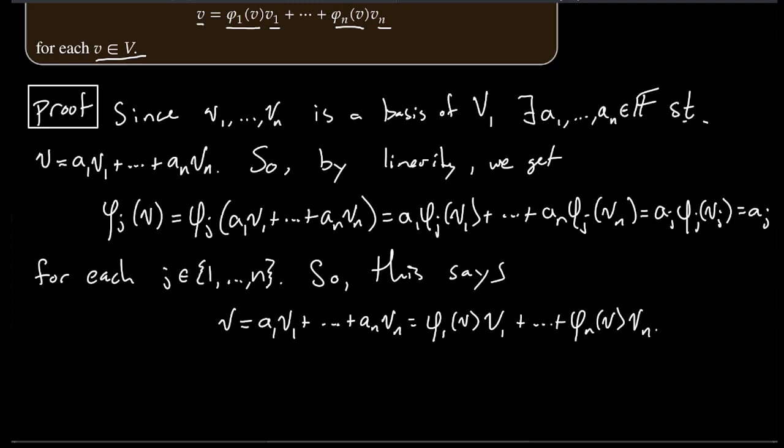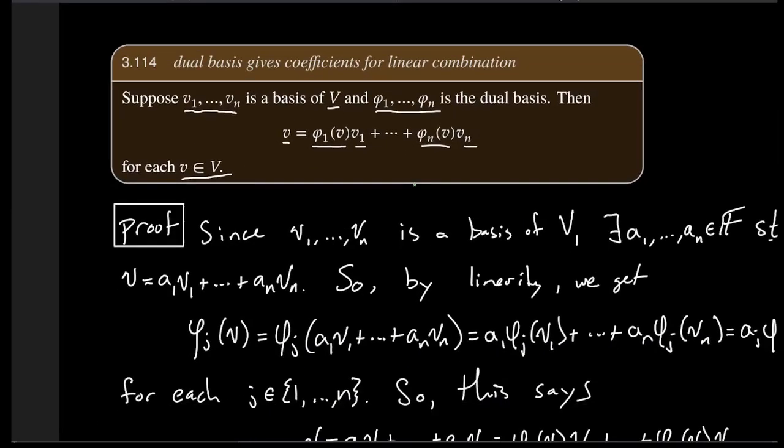Okay, so we should at least double check one thing really quick. We should think about this carefully. So we've been calling this a dual basis. We've proved that you can do this nice decomposition. That is, we've shown that these dual basis vectors just give you the coefficients in a linear combination in terms of the basis vectors.